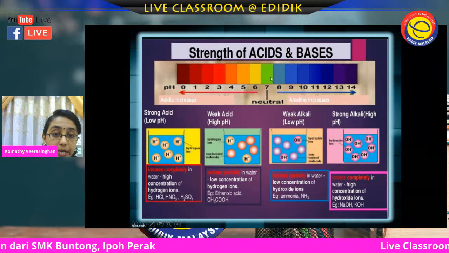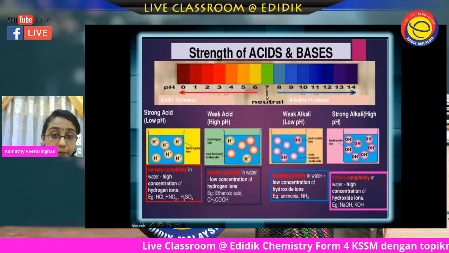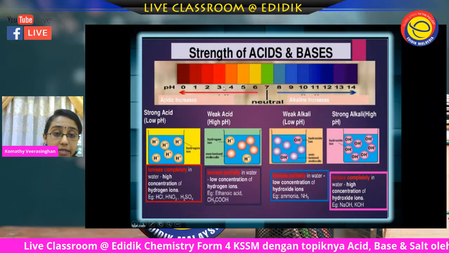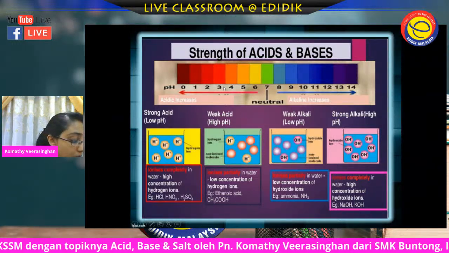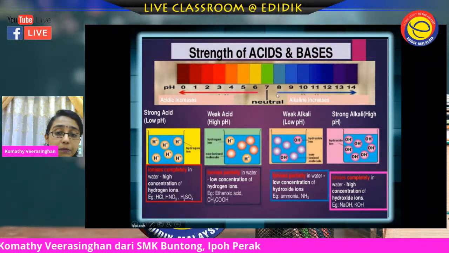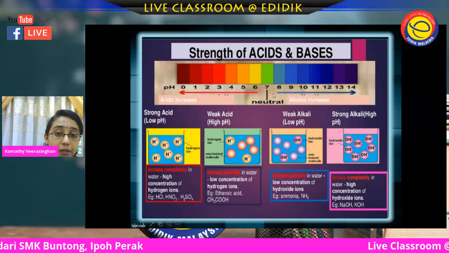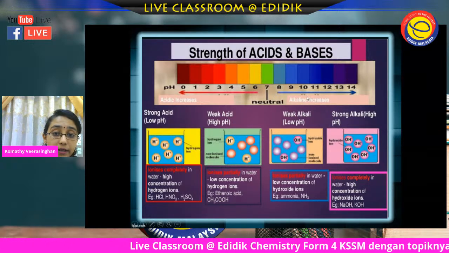And pH 7 is neutral. Any pH value that you obtain less than 7 indicates the substance is acidic. Whereas for pH value more than 7, the substance is alkaline.